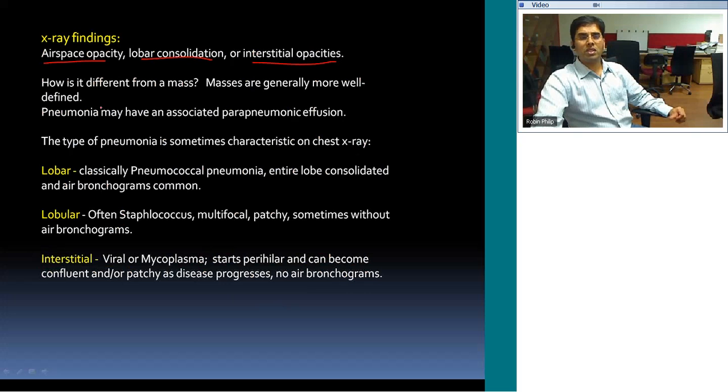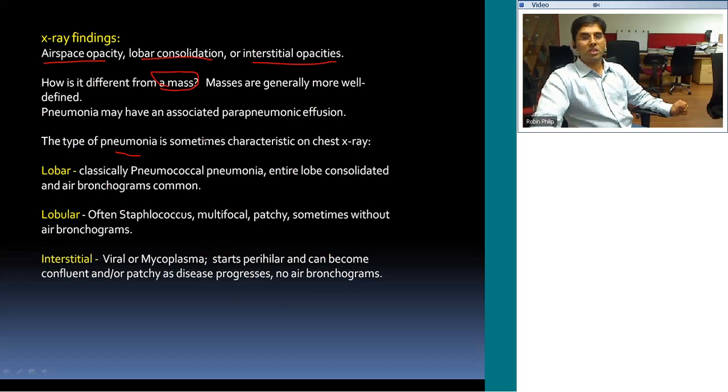So how do you differentiate these from a mass? Usually masses are very well defined, whereas pneumonia is not. And then sometimes to confuse, you have this round pneumonia. There is an entity called round pneumonia where it may look like a mass. Hence you need to follow up those kinds of lesions to make sure they are not neoplasms.